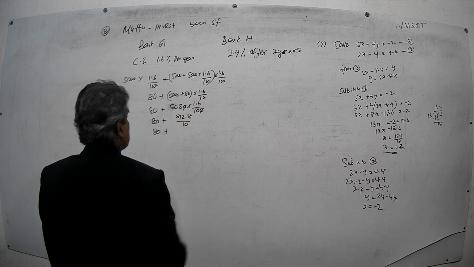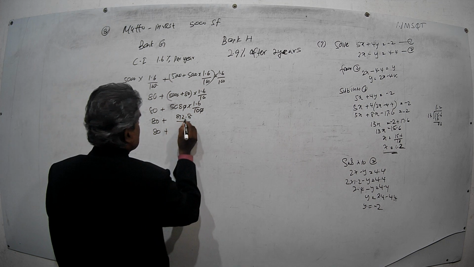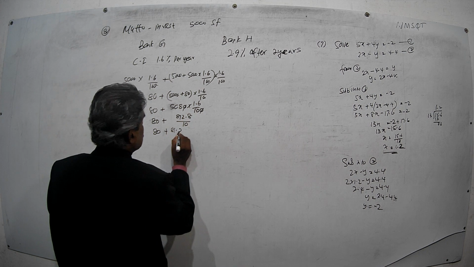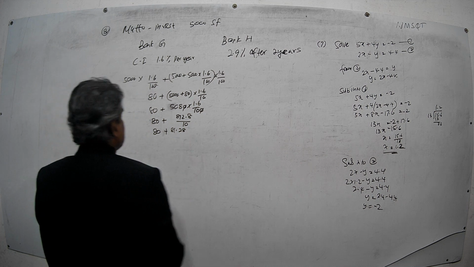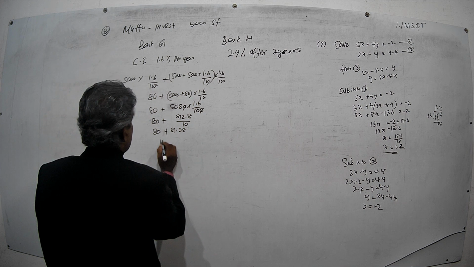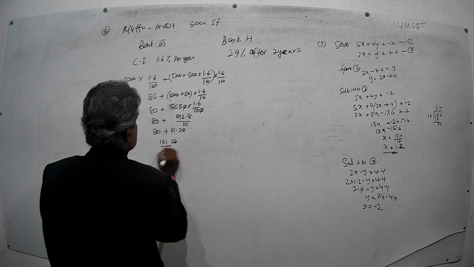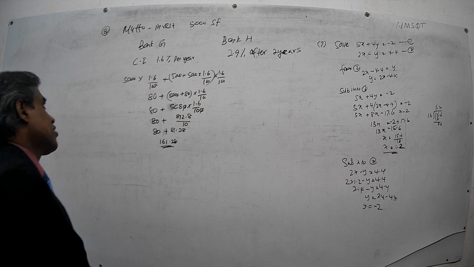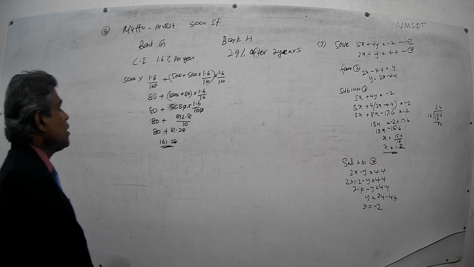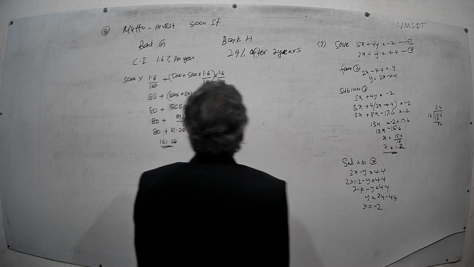Divided by 10 means you move the decimal point one place, so we get 81.28. When you add the two, 80 plus 81.28, you get 161.28. This is the total compound interest for 2 years from bank G that Mato would have.